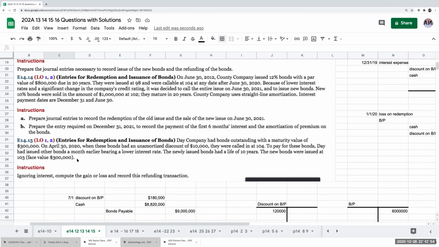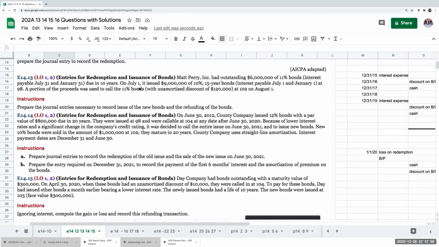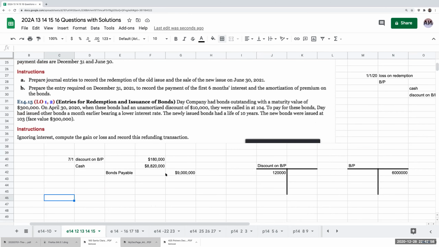So for the bond redemption on August 1st, I'm going to be debiting bonds payable for the 6 million. I'm going to be crediting discount on bonds payable for 120,000. I have to make this go to zero now that I'm redeeming it.